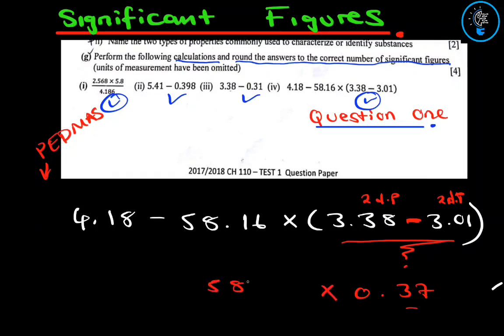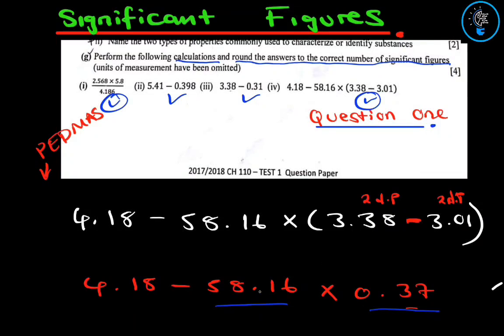Multiplied by 58.16, minus 4.18. Now let's focus on the multiplication first.